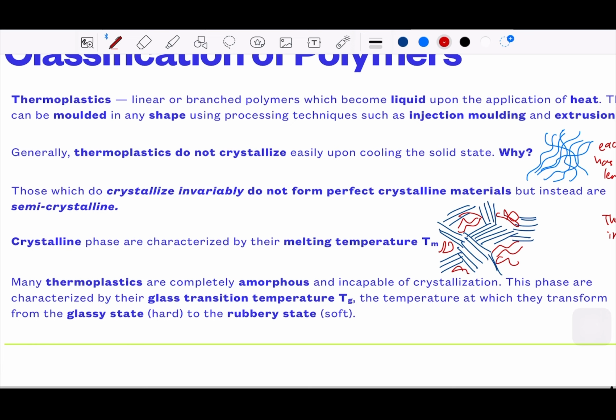So melting is for crystalline, and the glass transition is for the amorphous. As you see from the term glass, they will transform between glass and rubber. Again, this gives you the sense of the rubbery state from this glass transition temperature.